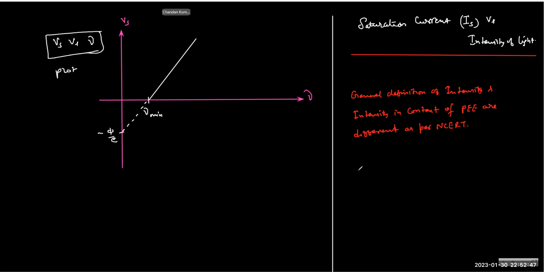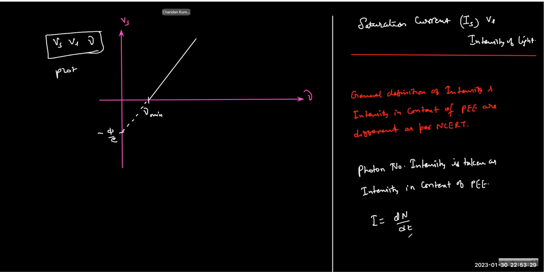So there is something called photon intensity, or more precisely called photon number intensity, is taken as intensity in context of photoelectric effect, which means the I here represents dN by dt per unit area, which means number of photons falling per unit area per unit time.